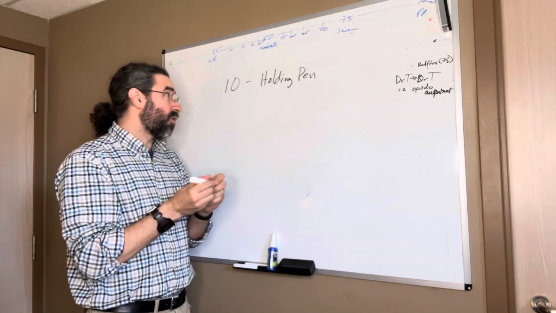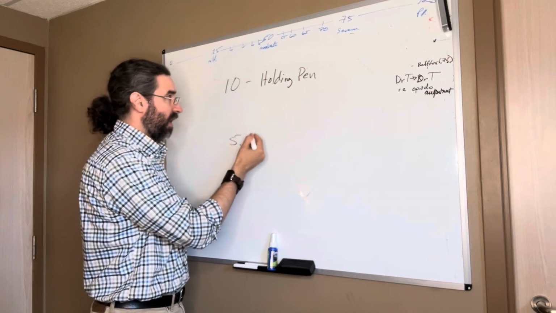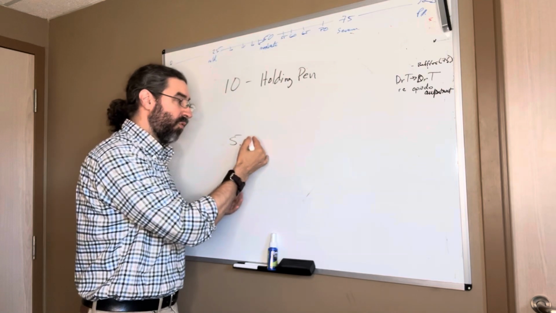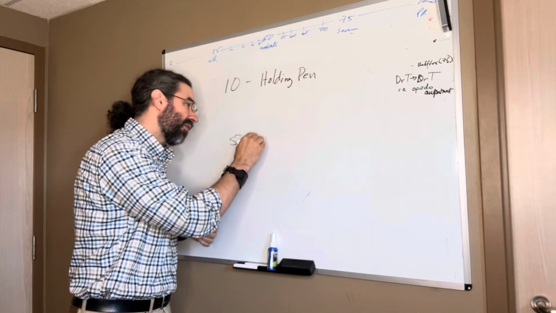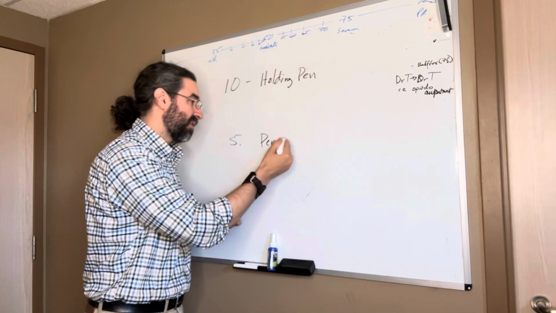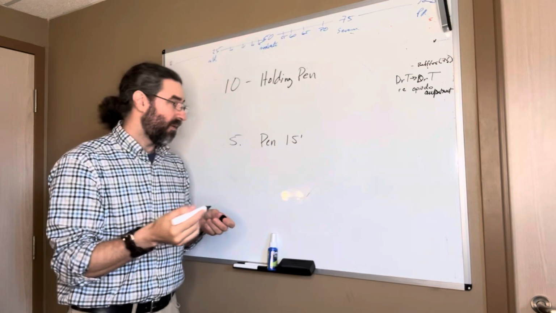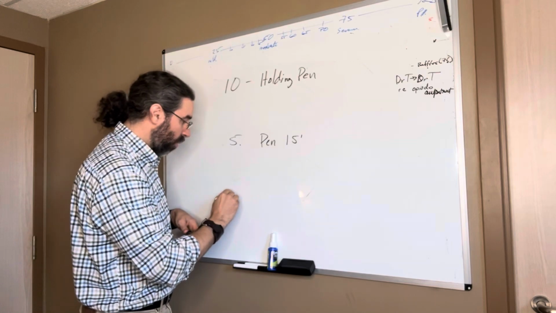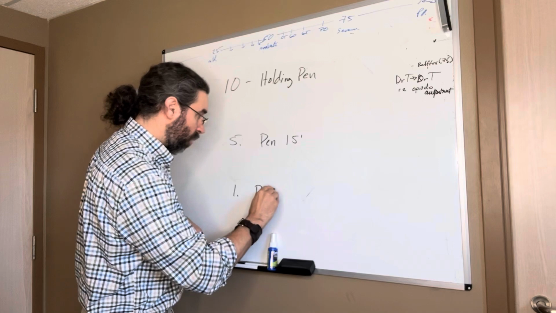So that'll be an anchor point. Then let's say we have numbers in between. Let's say a 5 would be a pen that is, let's just say, 15 feet away from me. And then let's say a 1 would be a pen 100 feet away from me.